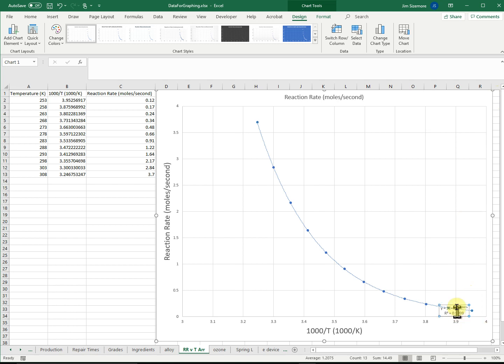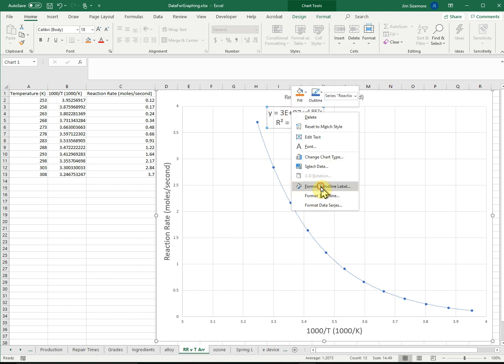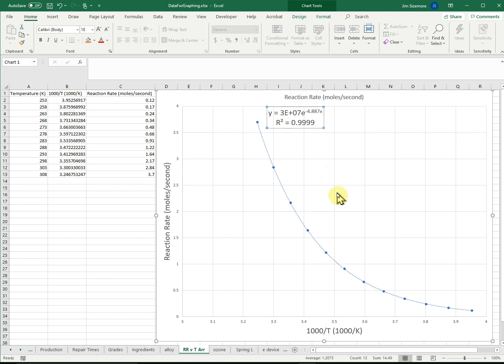And where's the equation? It's nice, teeny tiny. We'll make it big and fat. There. And let's go ahead and format the numbers on this too. Format trend line label. Let's make it exponential.